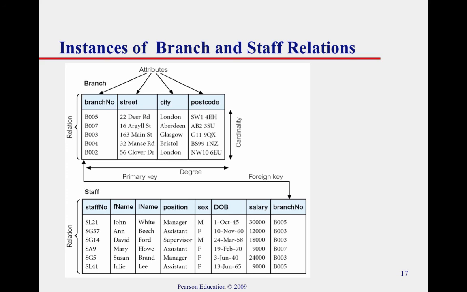There's an excellent chance that the last three attributes, street, city, and postcode, are a superkey. So a superkey is any set of attributes that uniquely identifies a tuple, and it could be a single attribute.